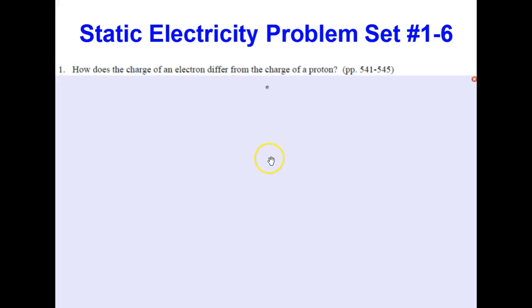Number 1, how does the charge of an electron differ from the charge of a proton? Well, as you may recall from chemistry, and you even had this in middle school, perhaps elementary school, an electron has a negative charge and a proton has a positive charge.